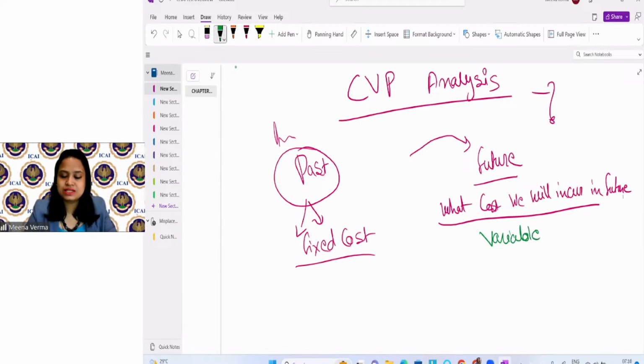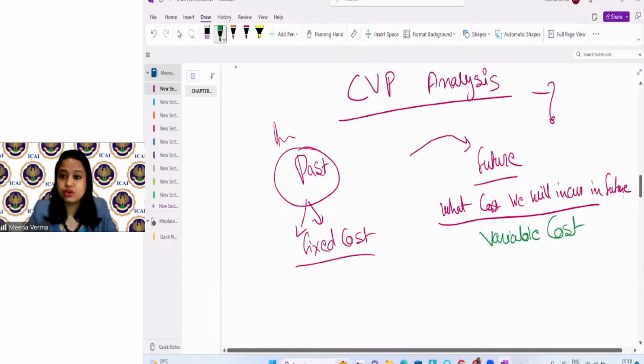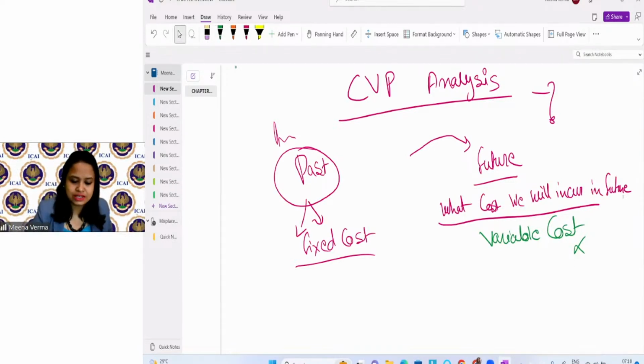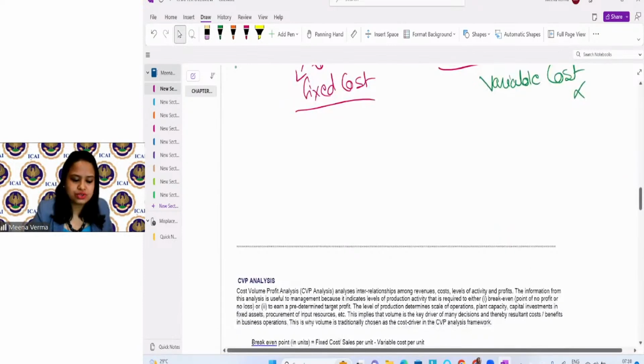Variable cost means the cost you will incur only when there is production. If there is no production, you will not incur these costs. If there will be production, you will incur these costs. So the point is that you will see most of the cases, fixed costs are sunk costs. Sunk cost means the past cost, right?